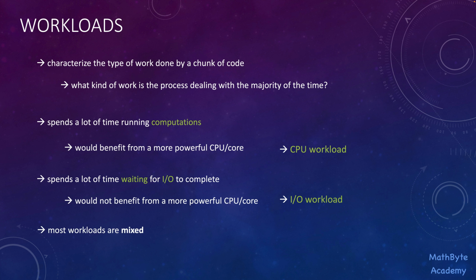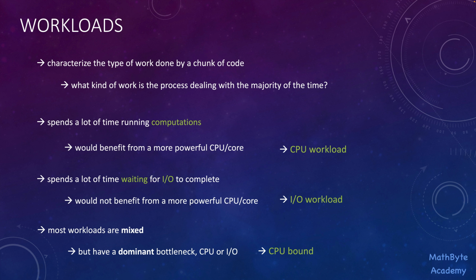Now, most workloads are mixed, right? You're going to have a mix of doing some computations, then making a call to an API, waiting for that, and then making some more computations. But generally, you'll find that in your code, you're going to have dominant bottlenecks, either CPU or I/O. And we characterize those as CPU bound.